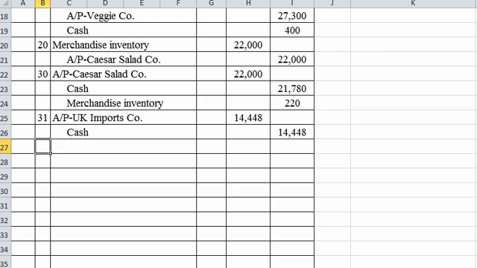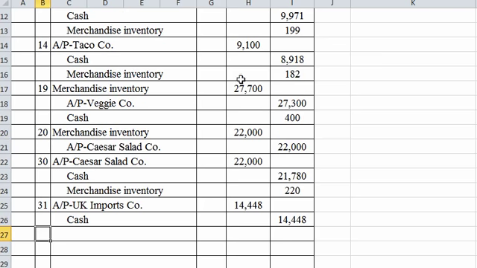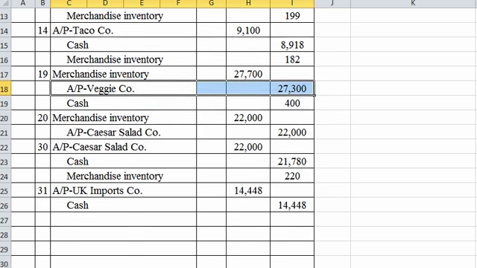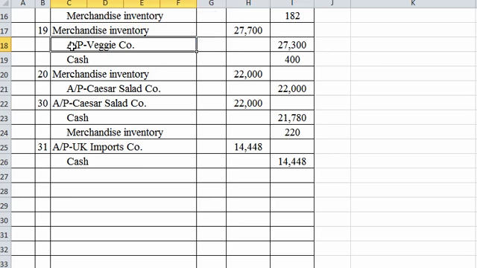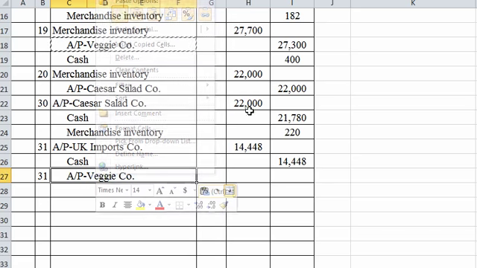And then paid Veggie Company for the invoice of the 19th. All right, let's look back to the 19th. We're showing that we owe Veggie Company $27,300, which went on the books as a credit. And here on the 31st, it will have to come off the books as a debit.